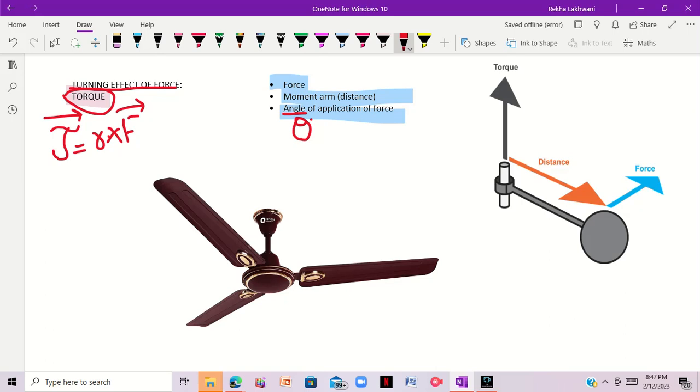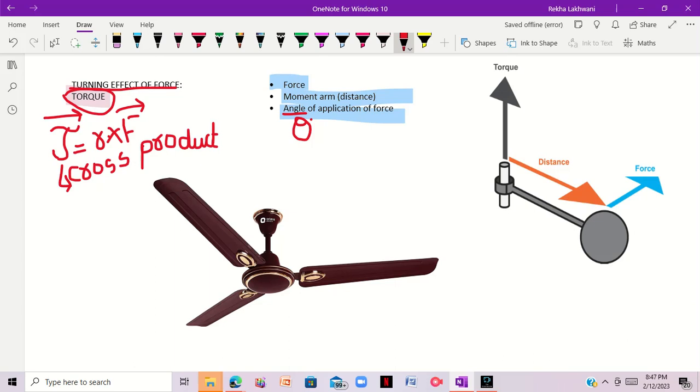This is the cross product. I hope you are done with the cross product: when two vectors combine together and form a vector quantity, that is known as the cross product.